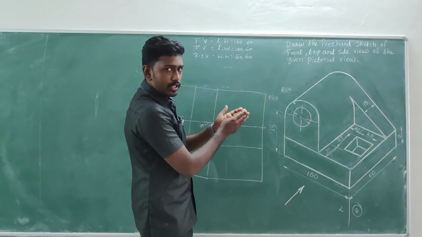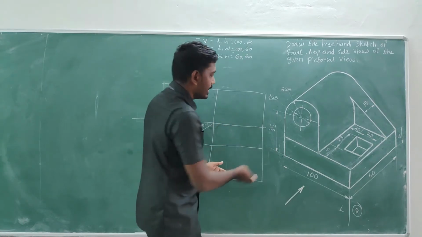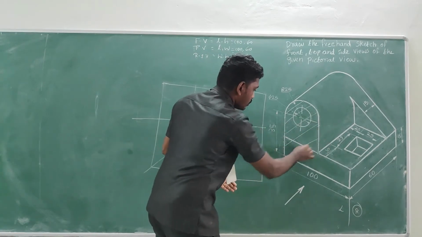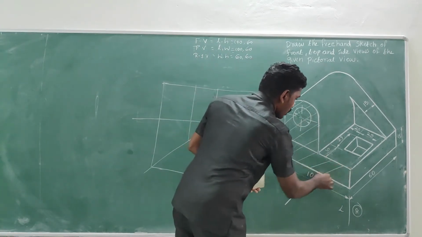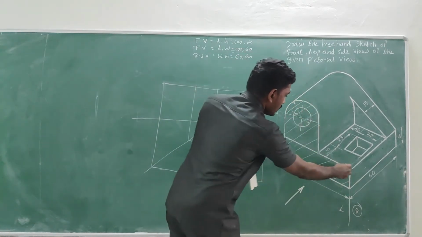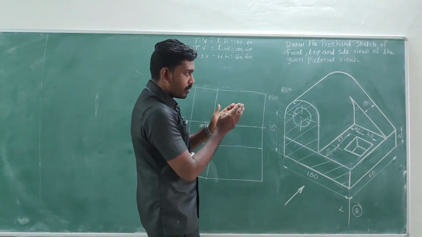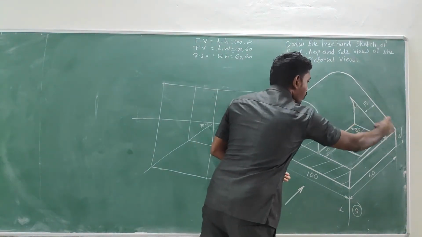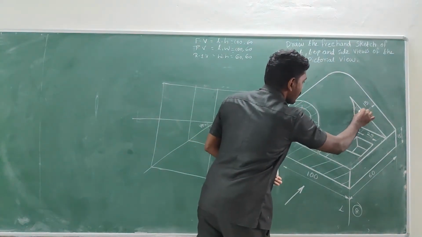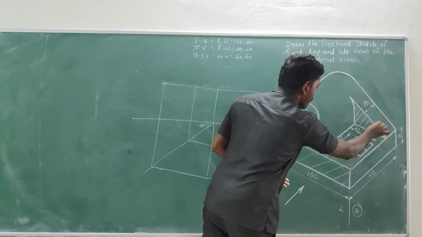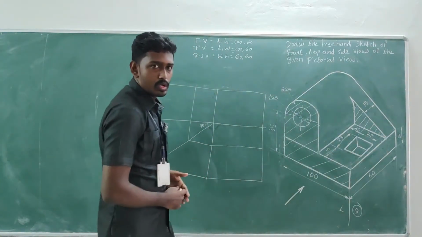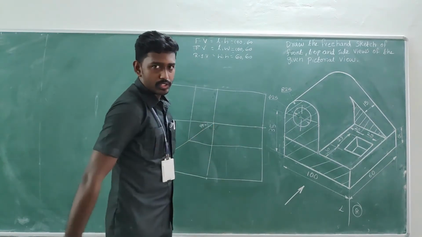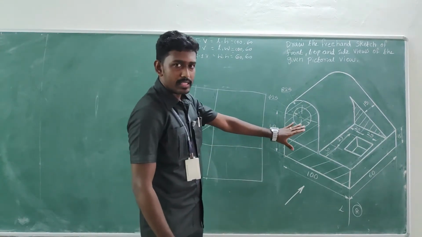If you look at the object 90 degrees to it, you could definitely see the face of this object, and if your imagination is good, behind that the vertical wall is there, right? That flat face can also be viewed from the front view. So both the faces are visible when we are looking 90 degrees to it, right? So we are going to draw this.